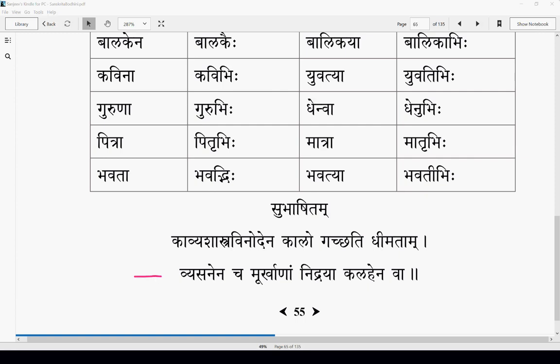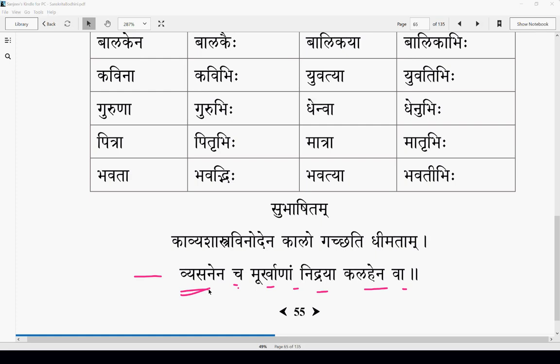Now what second one? Vyasanena cha murkhanam nidraya kalahena. Vyasana. What is vyasana? Is the moola shabda. Vyasanam. Worry? No. Sadness is in Kannada. Waste. What is it?